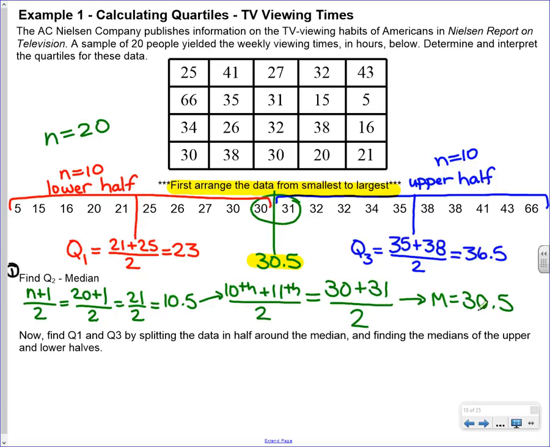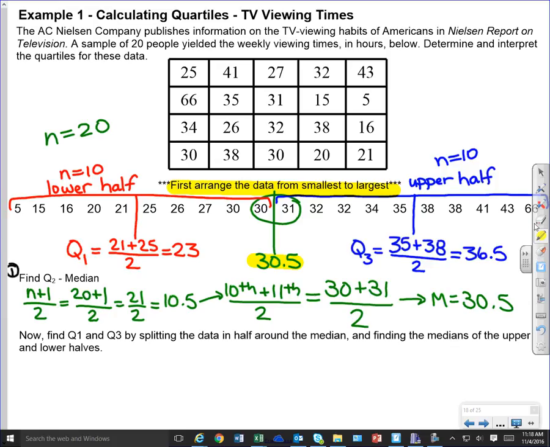That's our median. Now that we've found the median of the entire data set, we're going to split the data into two sets of numbers, the lower half and the upper half. This red part over here is my lower half of numbers. The blue part is the upper half. To find Q1 and Q3, we really just do this process over again, calculating the median, but we do it for the lower half of numbers and the upper half of numbers.